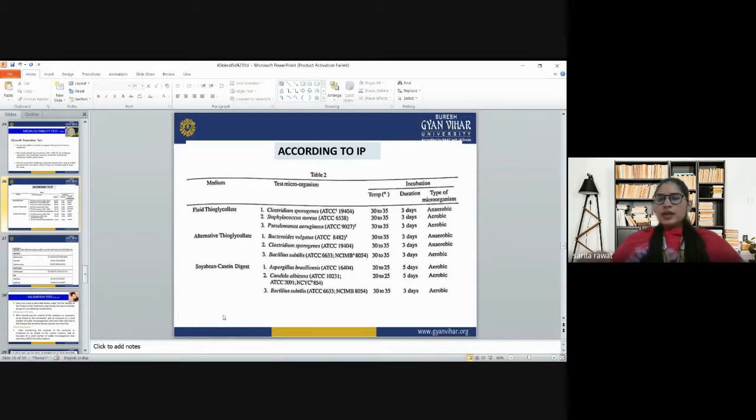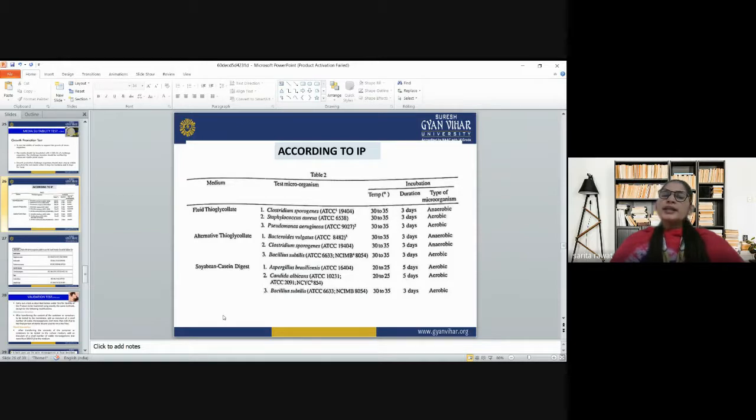Then Staphylococcus aureus, at 30 to 35 degrees for 3 days, an aerobic bacterium. And Pseudomonas aeruginosa, also maintained at 30 to 35 degrees for 3 days, also an aerobic bacterium.